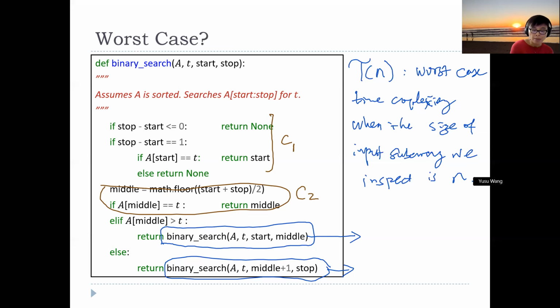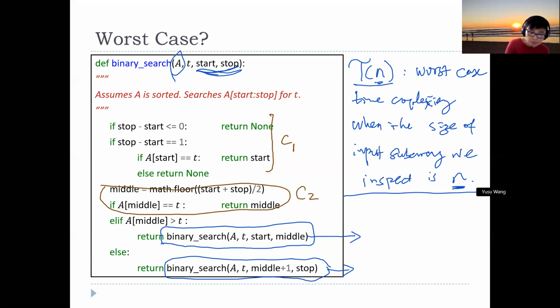Remember we have an array, but we only inspect the array within a portion. So T of n represents when that portion has size n. This is the running time of the algorithm. So that's the meaning of this.